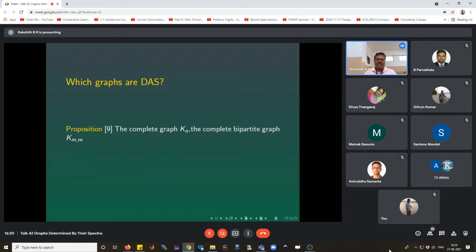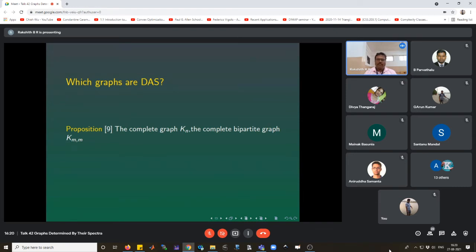Likewise, the complete bipartite graph is determined by the adjacency spectrum, because from the adjacency spectrum one can deduce the regularity, and also check whether the graph is bipartite or not.